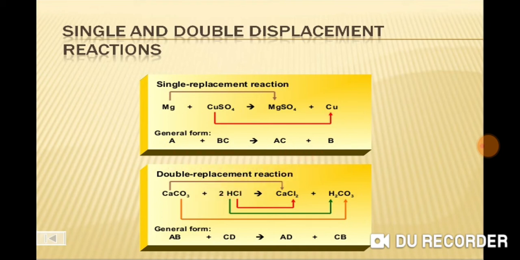And in double displacement, calcium carbonate and hydrochloric acid, when heated, calcium combines with chlorine, and CO3 plus H forms carbonic acid. So calcium chloride and carbonic acid is formed. This is double displacement. The ones which were less reactive changed their positions and relocated themselves.